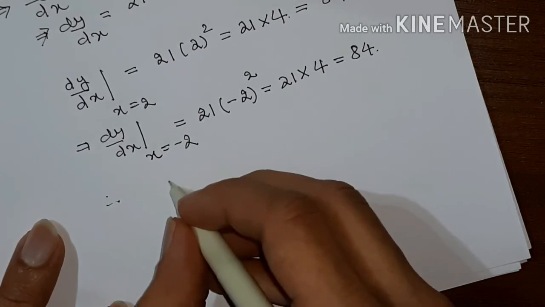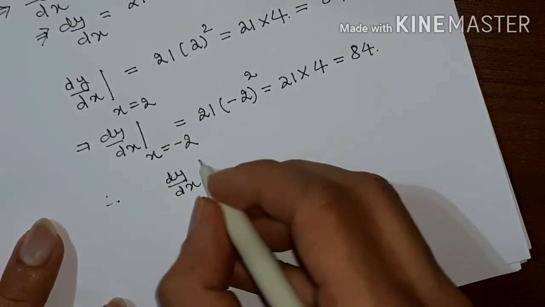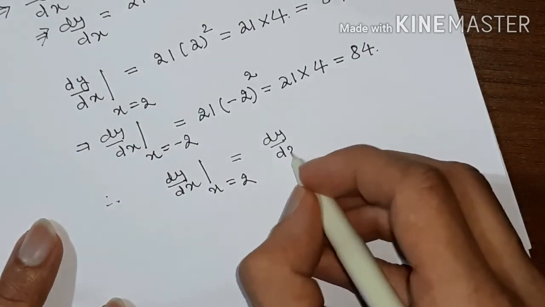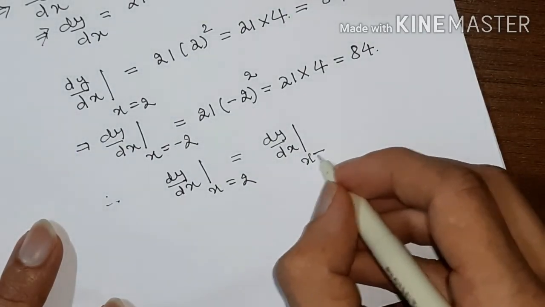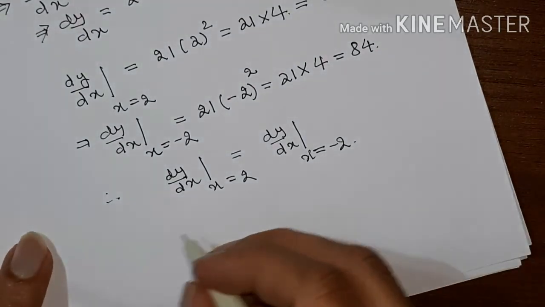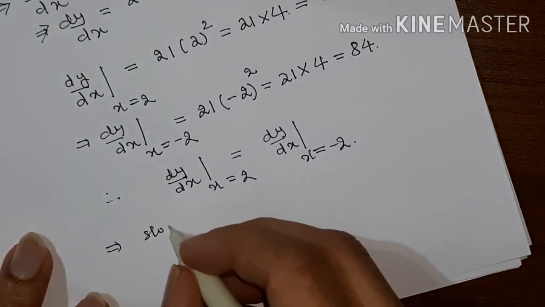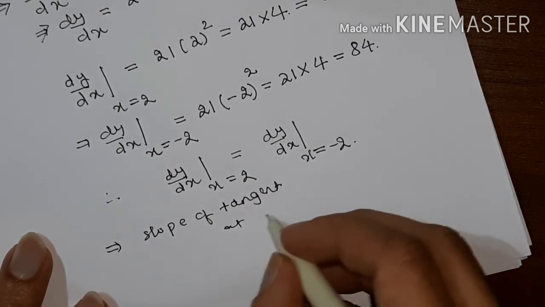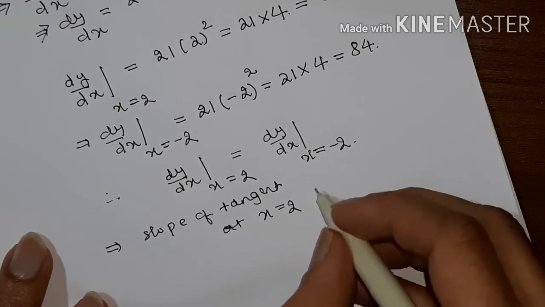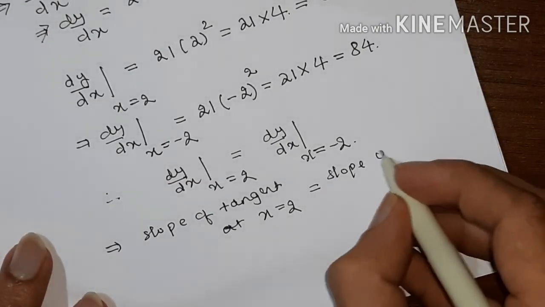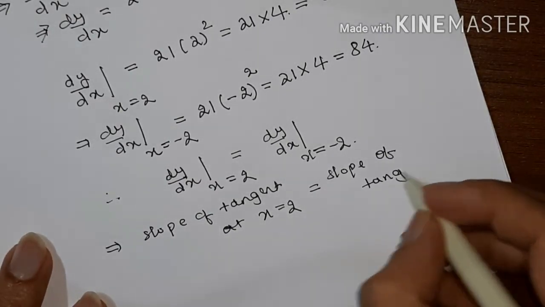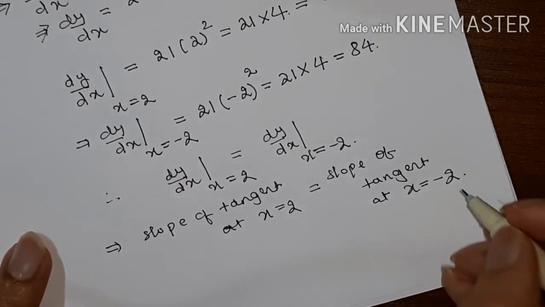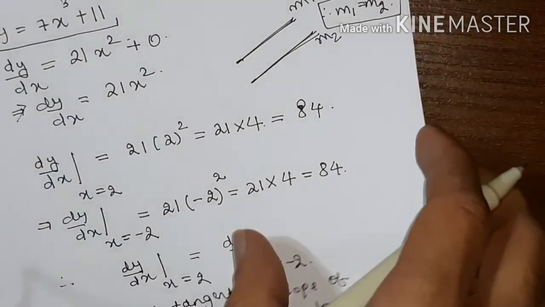So therefore what we have is dy by dx at the point x equal to 2 is equal to dy by dx at the point x equal to minus 2, right? That means what? Slope of tangent at x equal to 2 is equal to slope of tangent at x equal to minus 2, right?